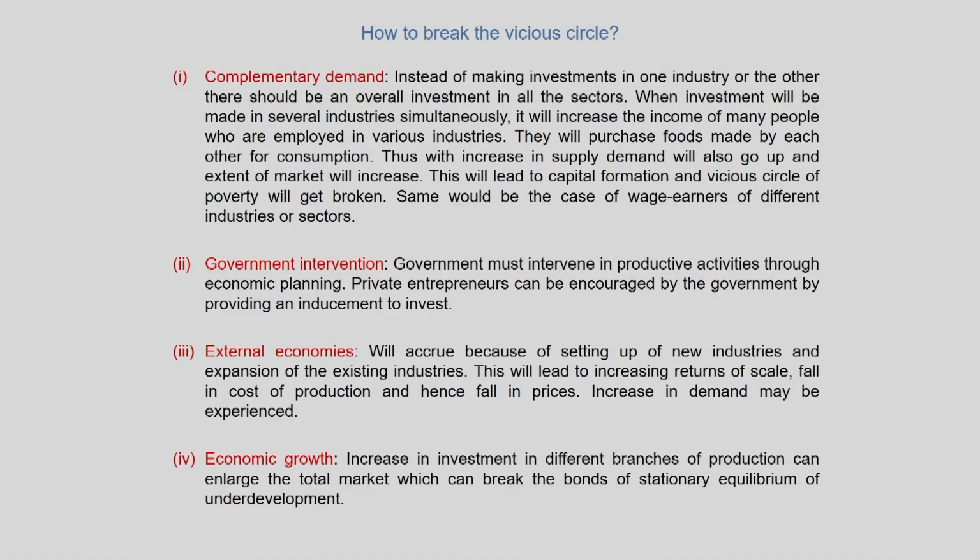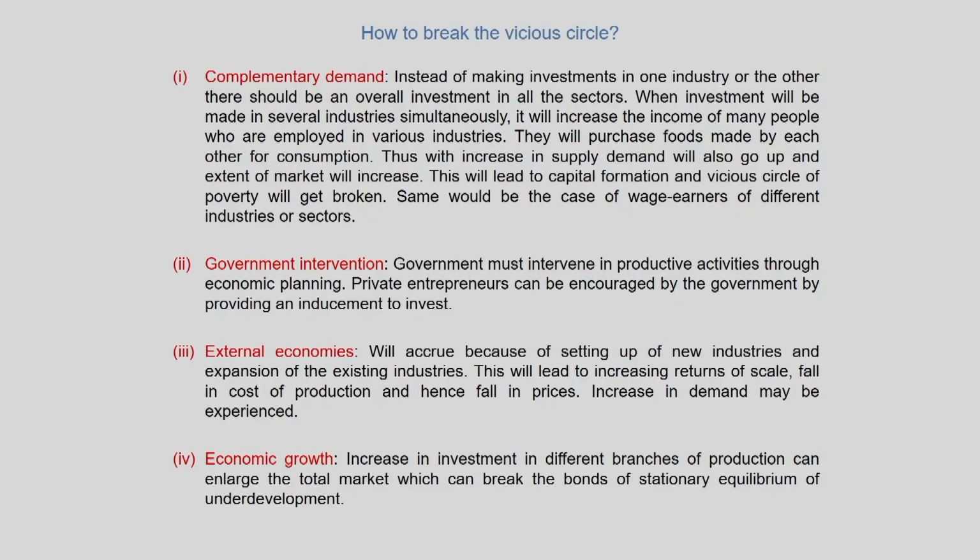Now obviously when one is talking about complementarities of demand, complementarities of supply or complementarities of industry, it cannot be carried out by individual entrepreneurs, particularly in the context of underdeveloped countries. Therefore, there is a large role played by the governments in ensuring that these complementarities exist, and these complementarities can exist only when these investments are either made by the governments themselves, or there is a lot of support by the governments to the private entrepreneurs in inducing them to invest.